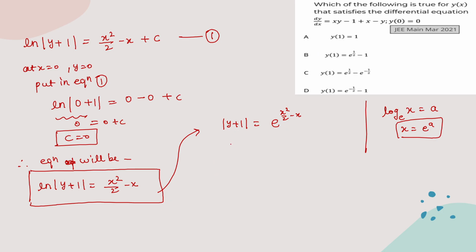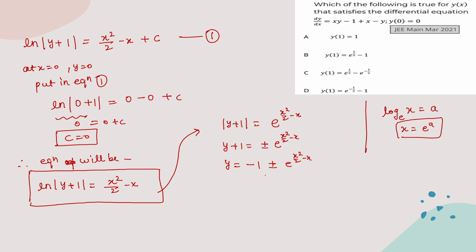So from this mod you can get two values. So y plus 1 is equal to plus minus e to the power x square by 2 minus x, or I can say y is equal to minus 1 plus minus e to the power x square by 2 minus x.